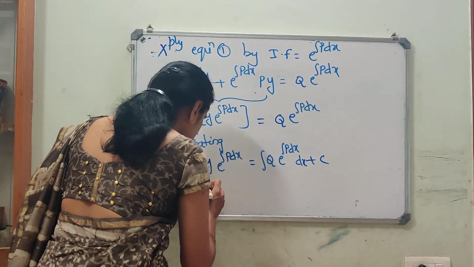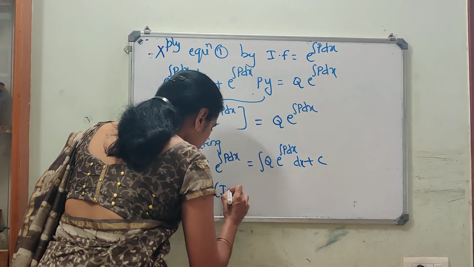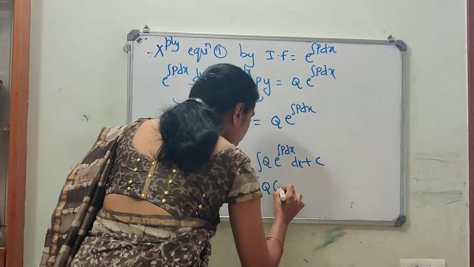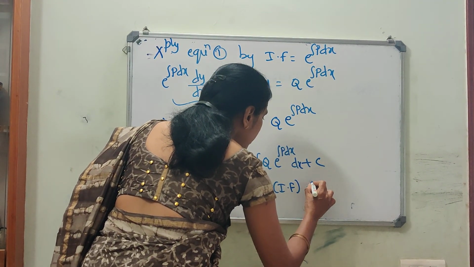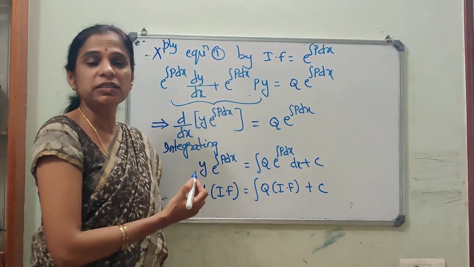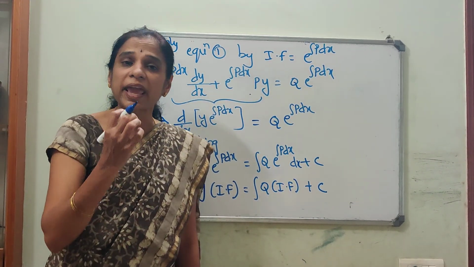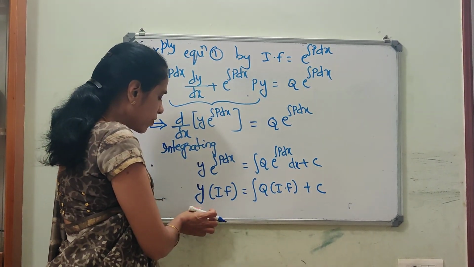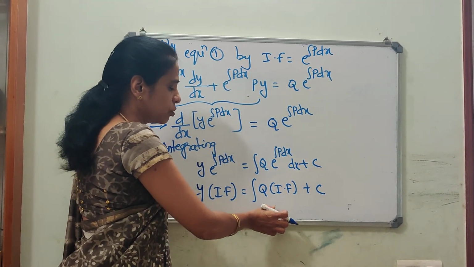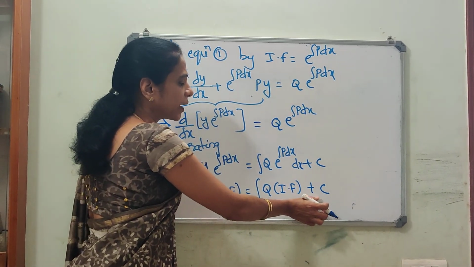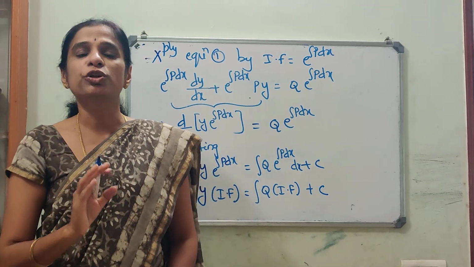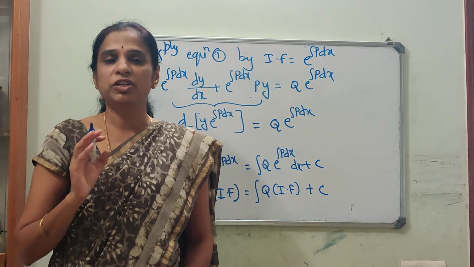So this, I can simply write as y into integrating factor is equal to integration of q into integrating factor plus c. So the solution of the linear differential equation of first order will be y into integrating factor is equal to integration of q into integrating factor plus c.